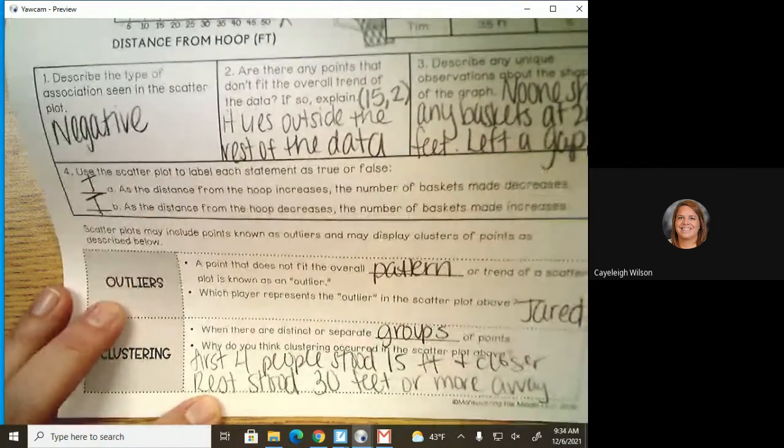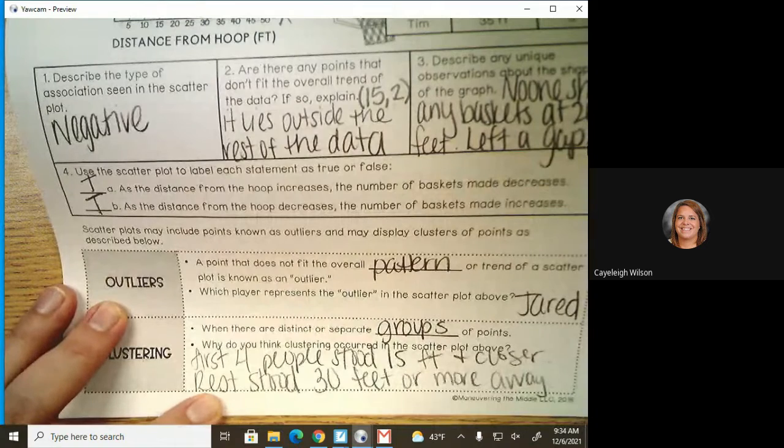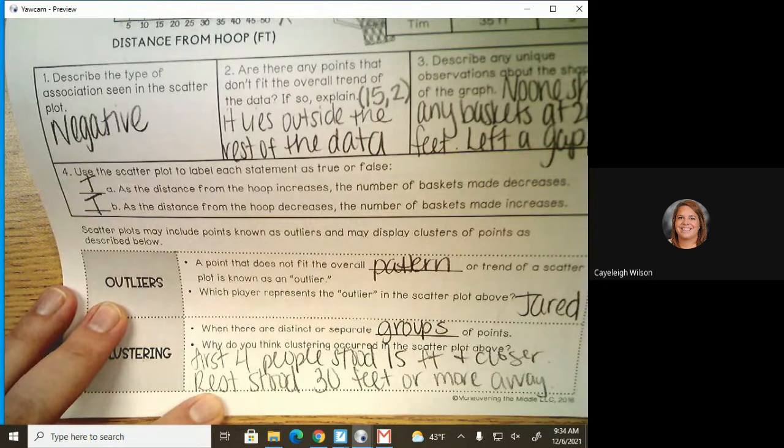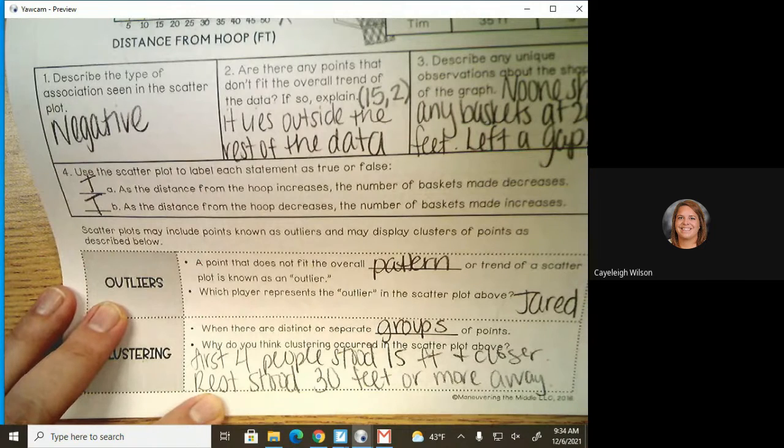So something along that line, where you're talking about how the majority of the shots were made 15 feet and closer and the rest were made 30 or more. Or you could say nobody shot at the 20 to 25, so that's why the other ones were clustered below 15 feet and above 30 feet. Something along those lines where you're talking about that distance.